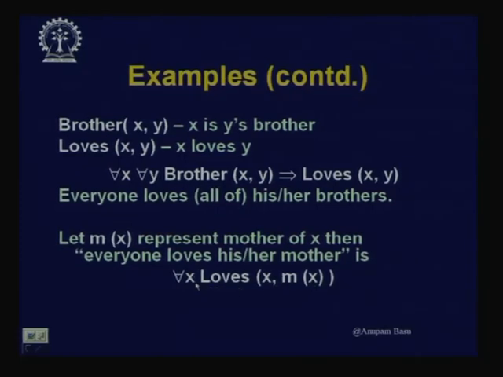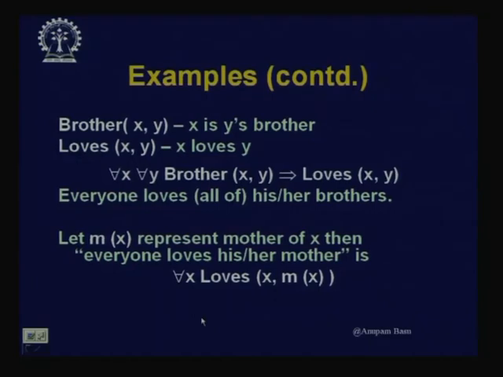Why is it for all x? Everyone. So, I can take any x and whatever x, Tom, Dick, Harry, Ram, Sham, whatever you select, Jagjit. Now, whatever x you select, then x will love mother of x, because m x denotes this.